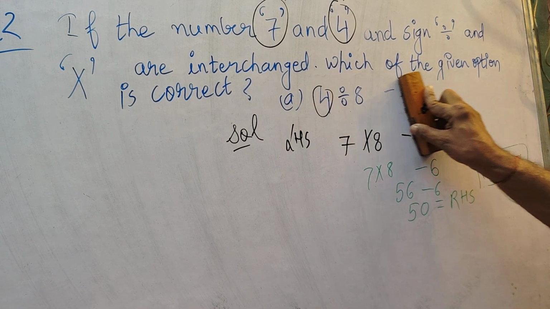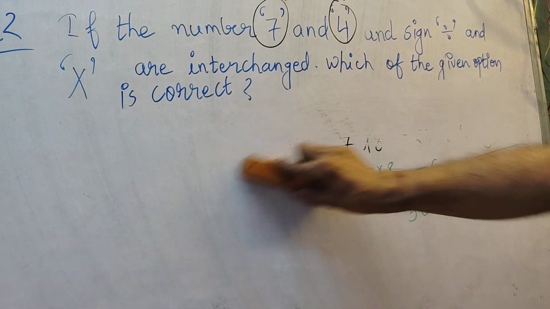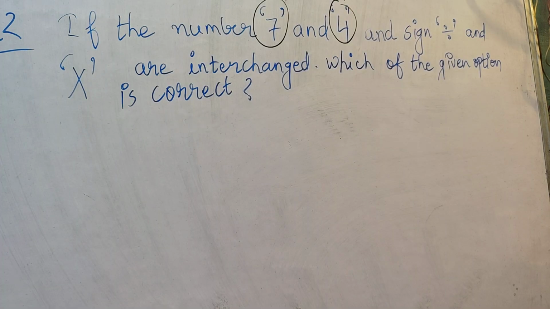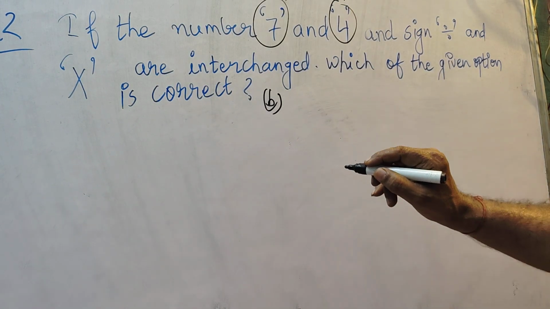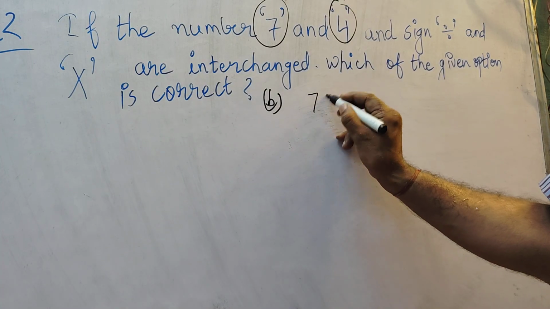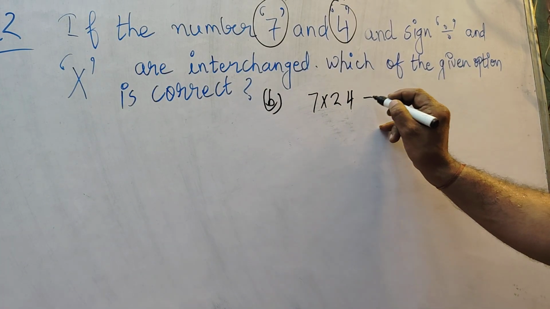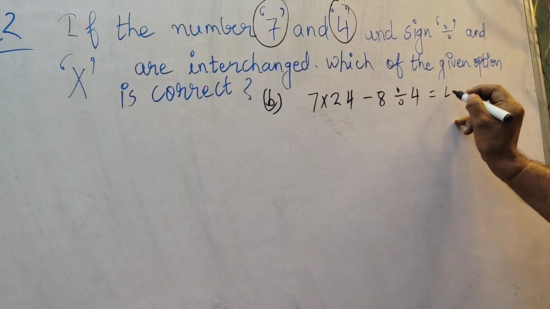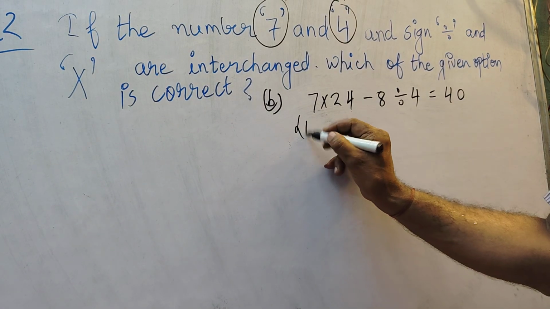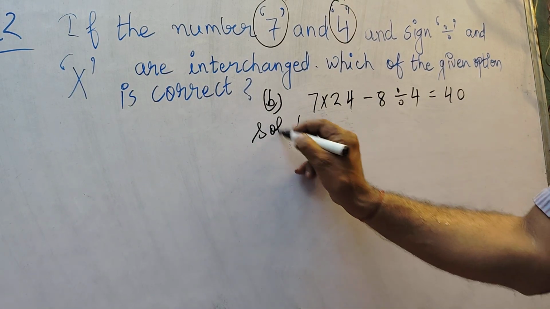Now still we are doing the B, C, D options for checking purpose. So come to B option. 7 multiply 24 minus 8 divide 4 equal to 40. So the left hand side we are solving.